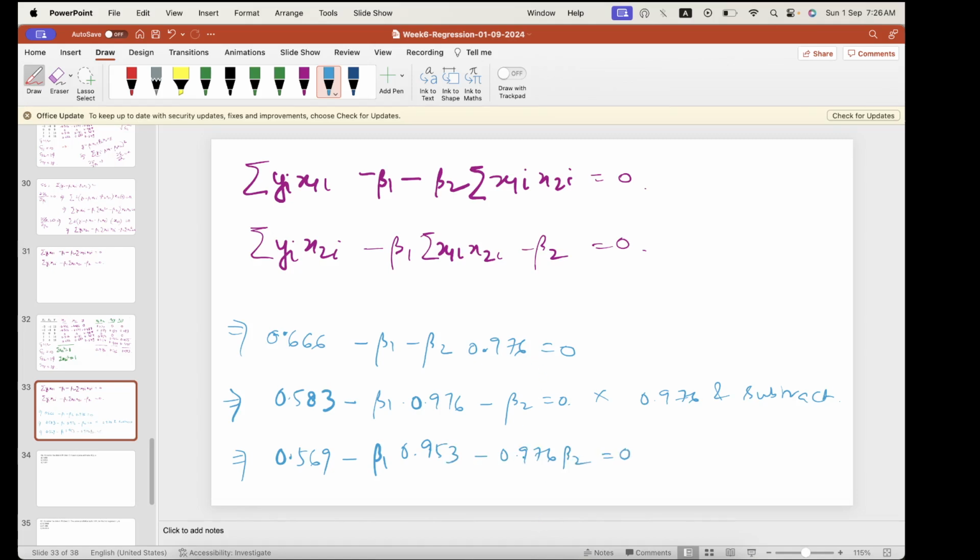Okay, so this minus this will cancel out beta 2, and so this is equation 1, this is equation 3.